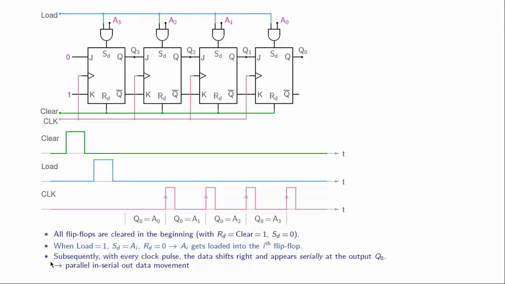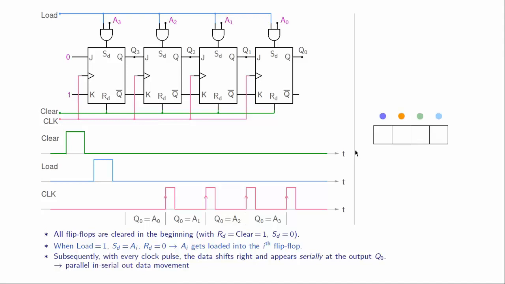And subsequently, with every clock pulse, the data shifts right and appears serially at the output Q0 over there. So first this A0 will appear at Q0, and after that this A1, which has got loaded in this flip-flop initially, will appear at Q0, and so on. And this corresponds to parallel in serial out data movement.